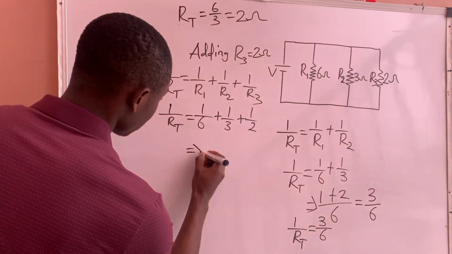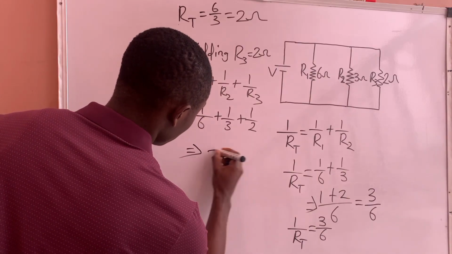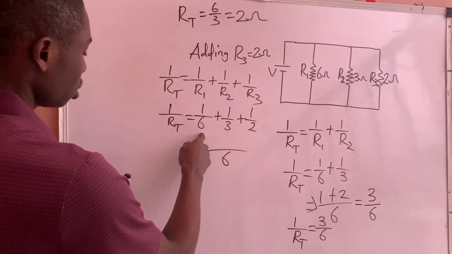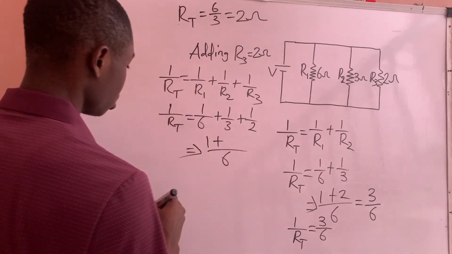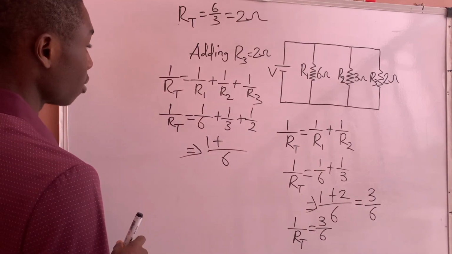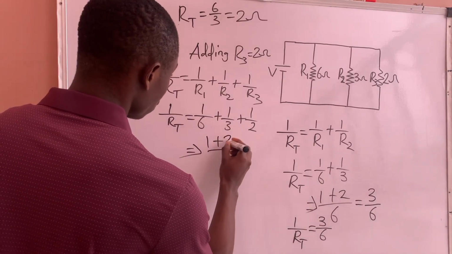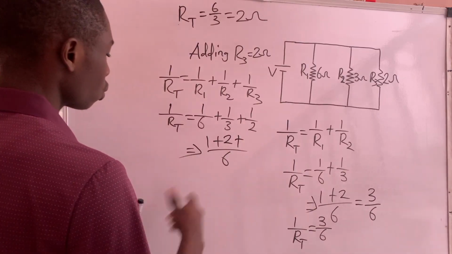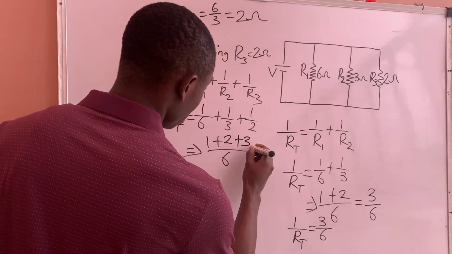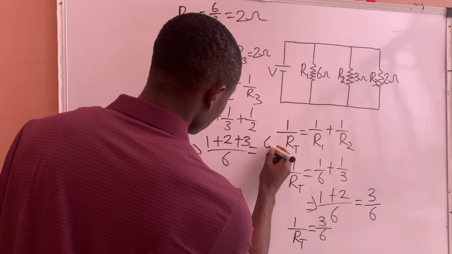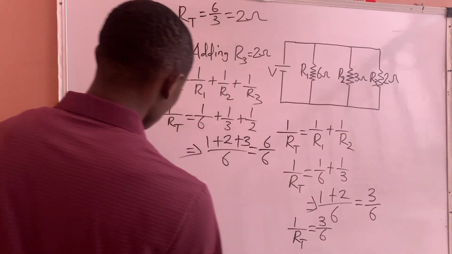So the LCM of the right hand side is 6. And 6 will go into 6 how many times? 1 time, and 1 times 1 is 1. Plus, 3 will go into 6 how many times? 2 times, and 2 times 1 is 2. Plus, 2 will go into 6 how many times? 3 times, and 3 times 1 is 3. So the answer here will be 6 over 6.